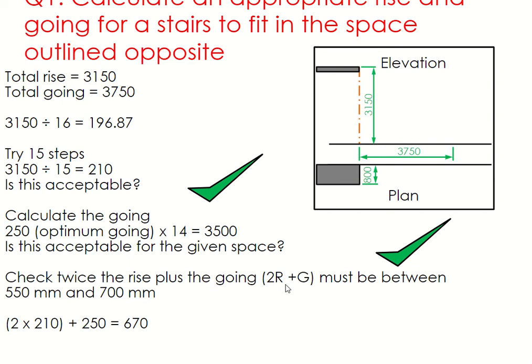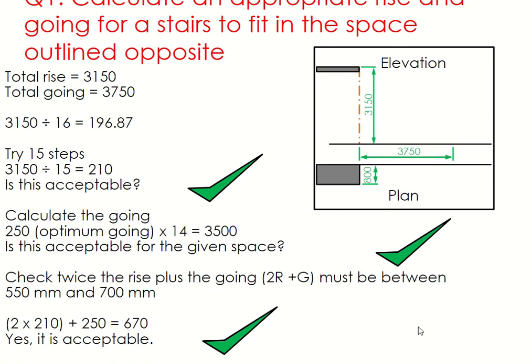So 2 times the rise, which we got was 210. So 2 multiplied by 210, plus the answer we got for our going, the optimum, which was 250. Once you do that formula, you get 670 millimeters. Is this acceptable? Yes, it is, because it's between 550 and 700.